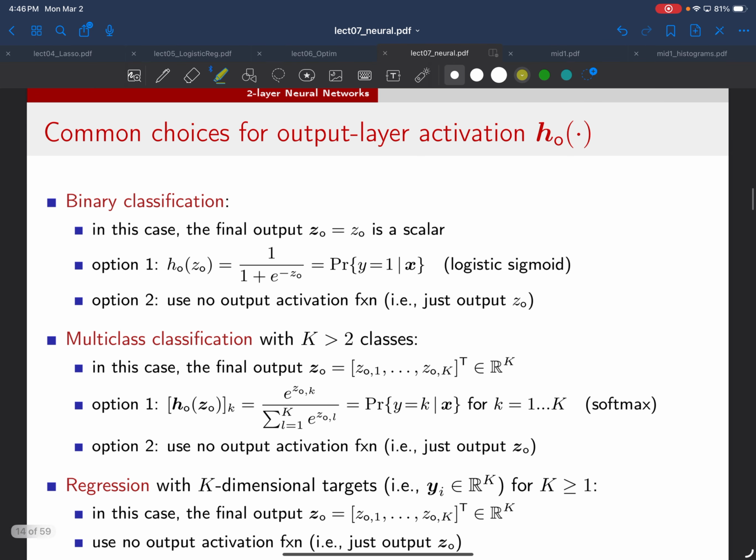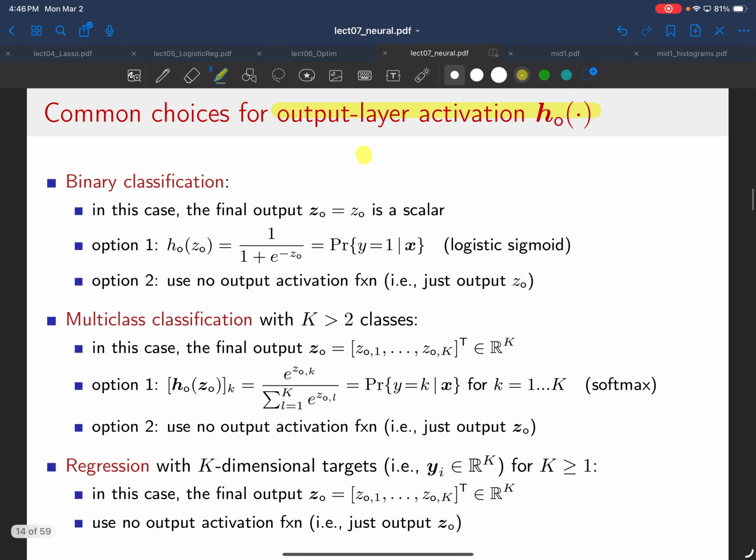Okay, so now we have the output layer for classification. And like I said before, this one really depends on the task we are applying our network to. So if we're doing binary classification, the final output isn't a vector, we just have a scalar, ZO. If the scalar is positive, that means we have some confidence that the input is from the 1 class, and if it's negative, we have more confidence it's from the 0 class. So there are 2 options here.